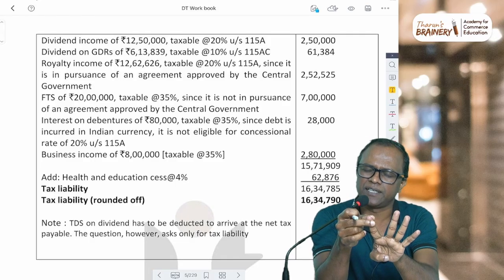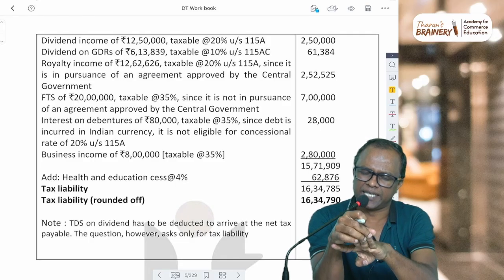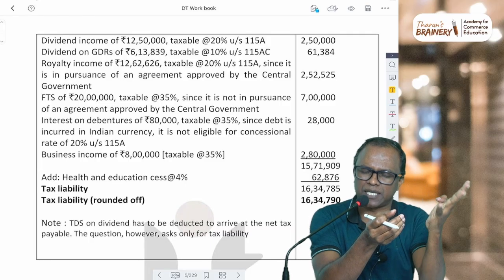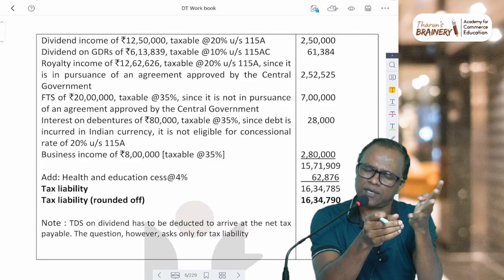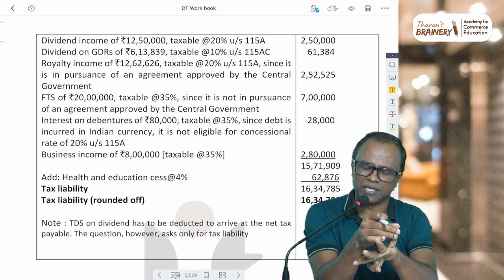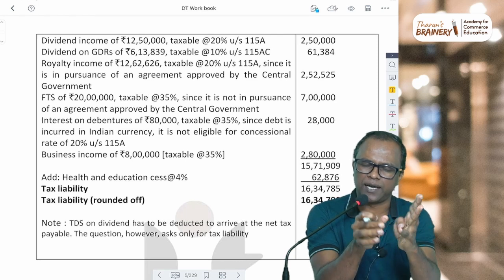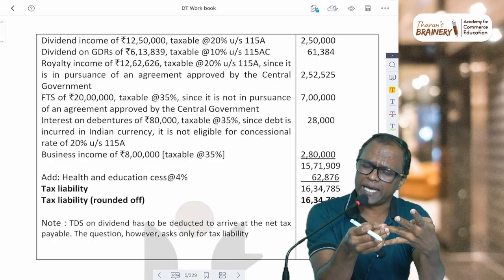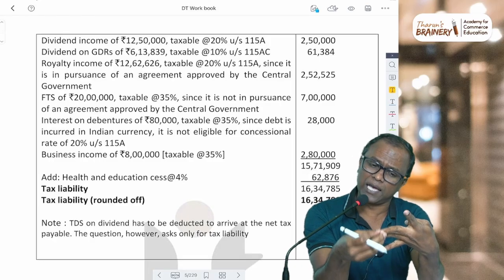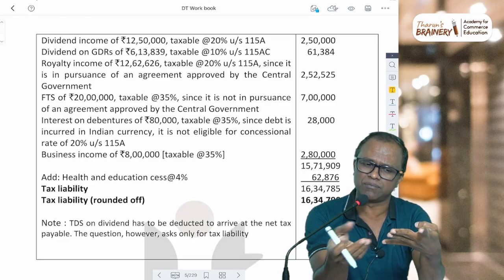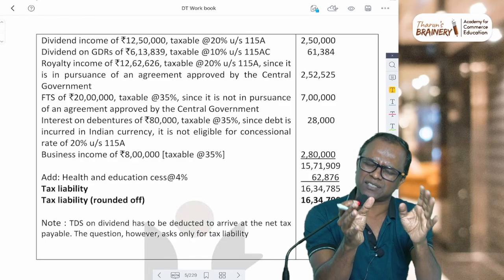So 115A, AB, AC, AD. In 115AD, with the foreign institutional investors, they sometimes ask capital gain questions also. So if there is 112A capital gain, we should apply 112A only. There are a lot of other special rates prescribed in 115AD that you have to study and practice; that will be enough. 115AB and AC, they will never ask a question on those alone because there is no scope for a problem, as the two sections are very small.